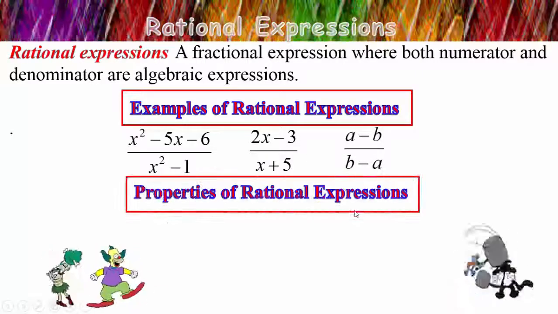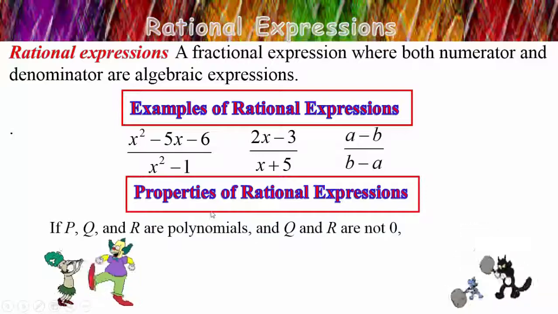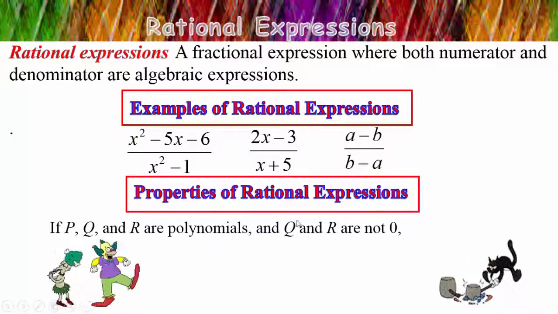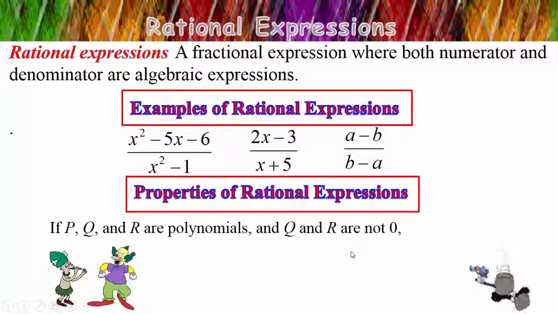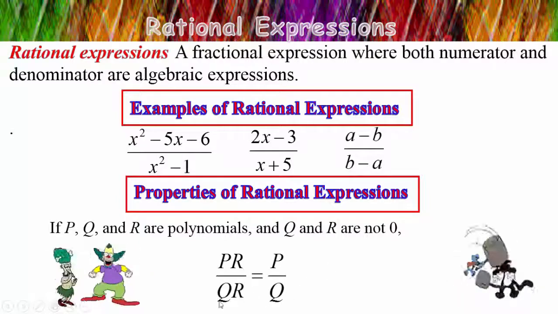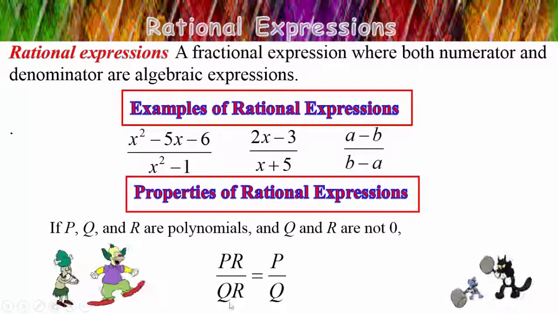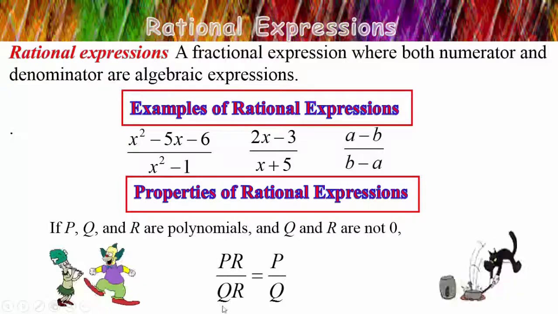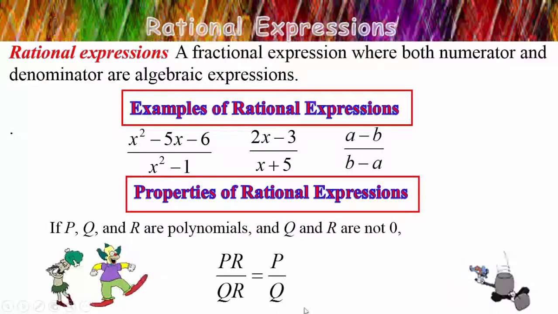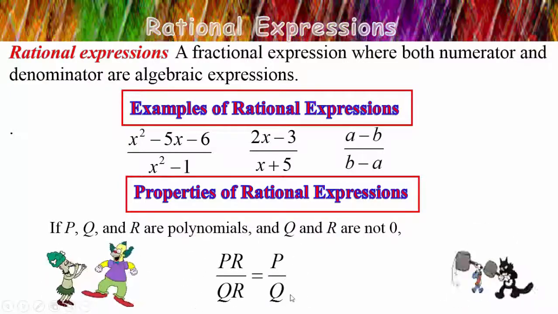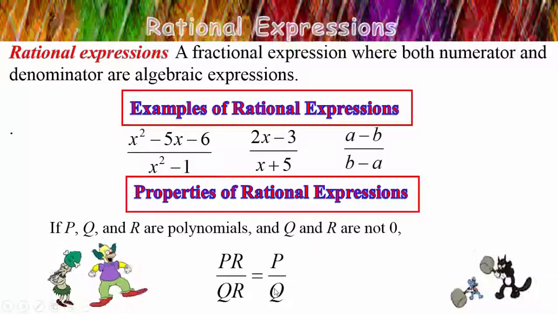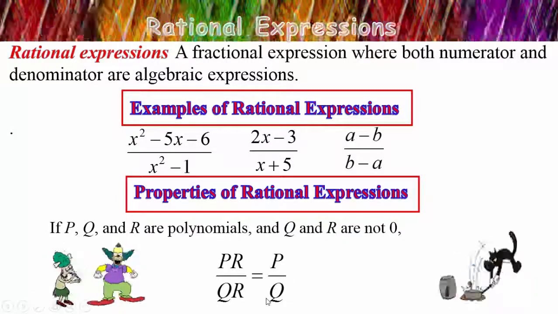So by definition, if P, Q, and R are polynomials and Q and R are not zero, because we don't want anything with zero at the bottom, because that will make it undefined, we define a rational expression this way. And that's based on the idea of rational numbers.